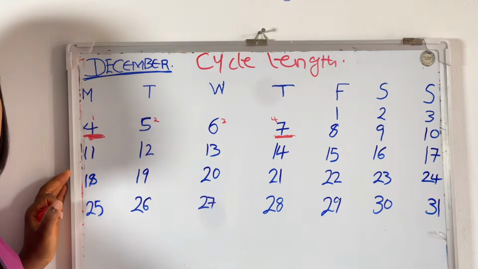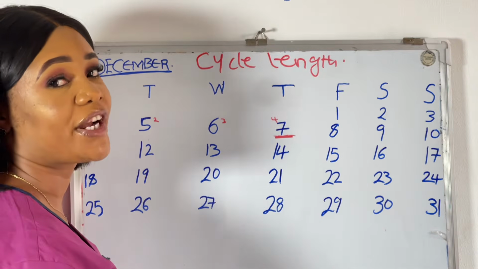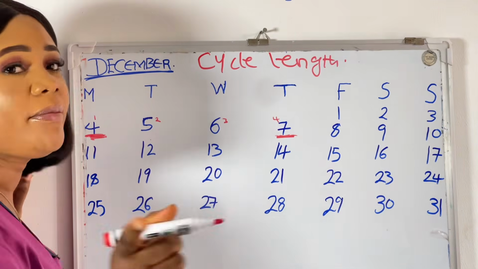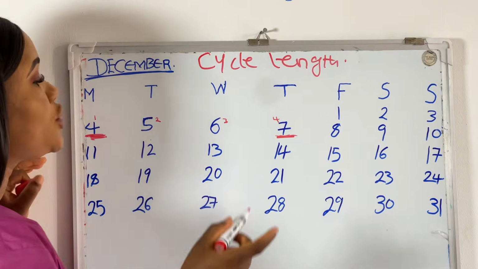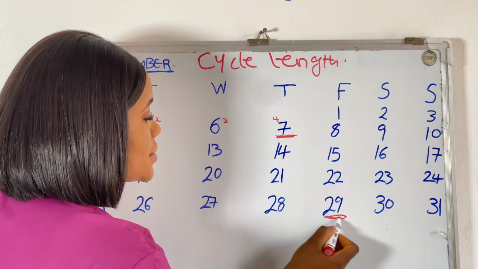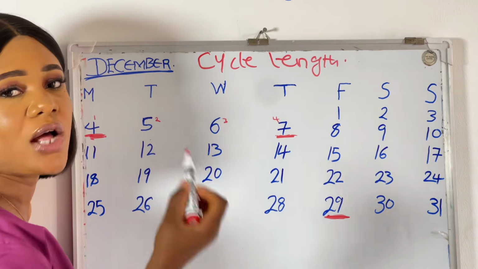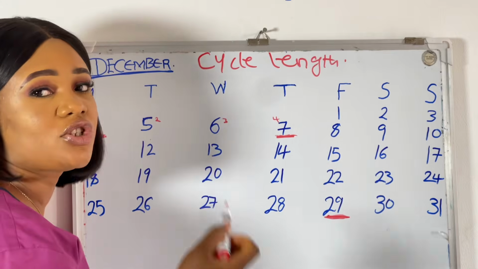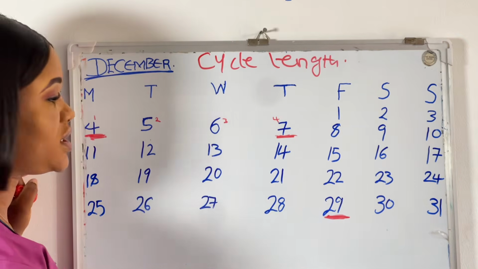Now we're going to calculate the length of my cycle. So guys, remember that I started seeing my period on the 4th, and I saw my next period on the 29th. Remember that we are just picking a date in order to learn how to calculate our safe days, because I know when you'll be seeing this video, it will not yet be the 29th.